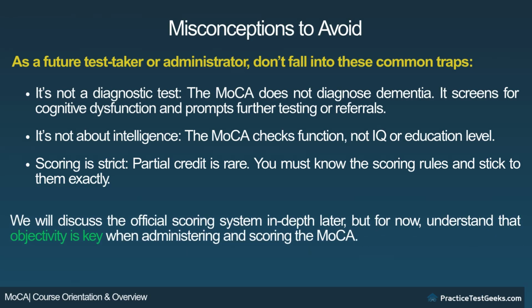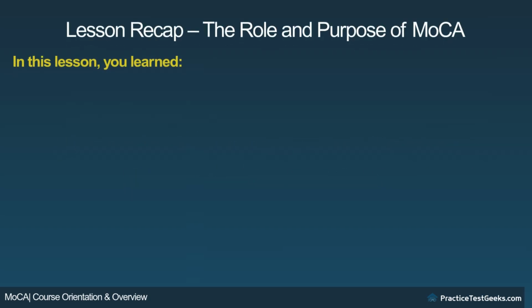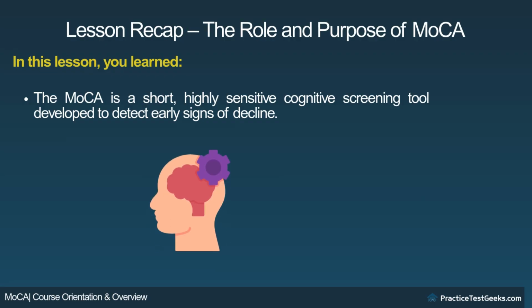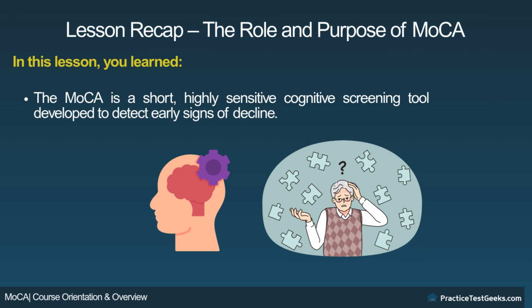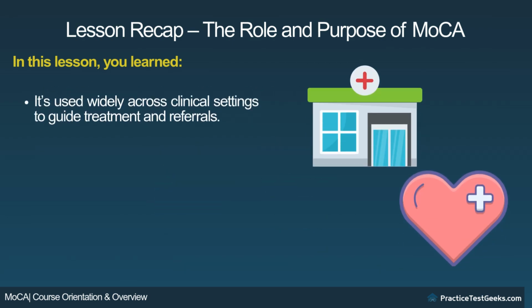We will discuss the official scoring system in depth later, but for now, understand that objectivity is key when administering and scoring the MoCA. The role and purpose of MoCA. In this lesson, you learned the MoCA is a short, highly sensitive cognitive screening tool developed to detect early signs of decline. It's used widely across clinical settings to guide treatment and referrals.